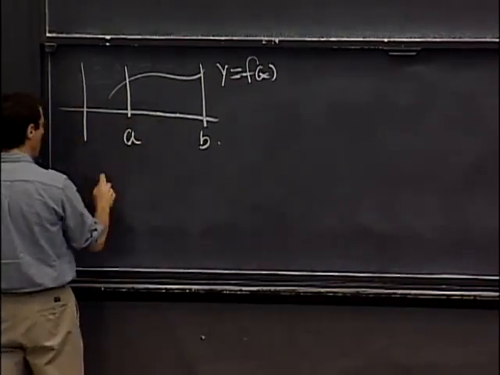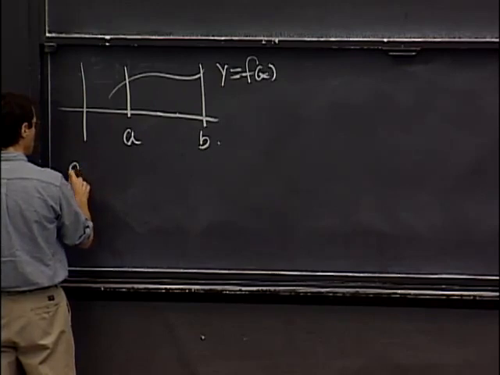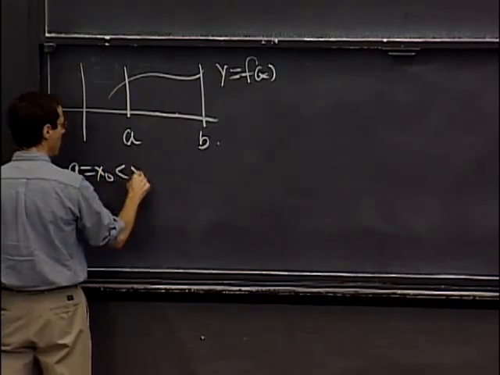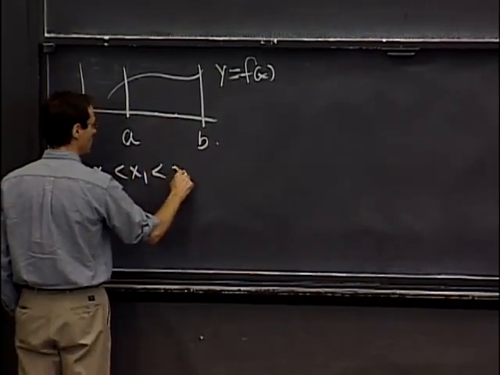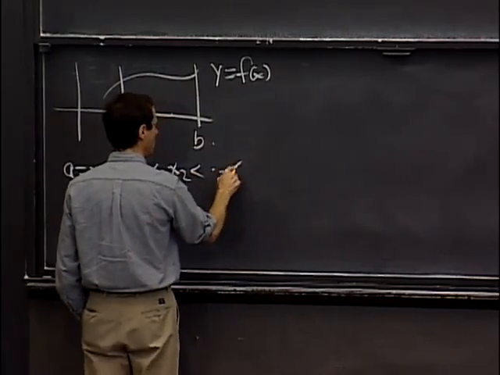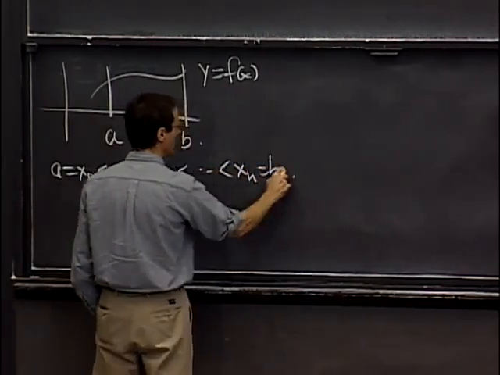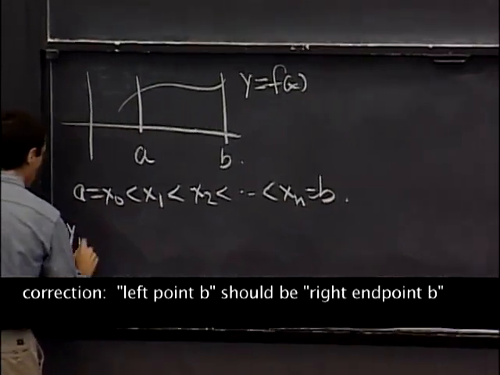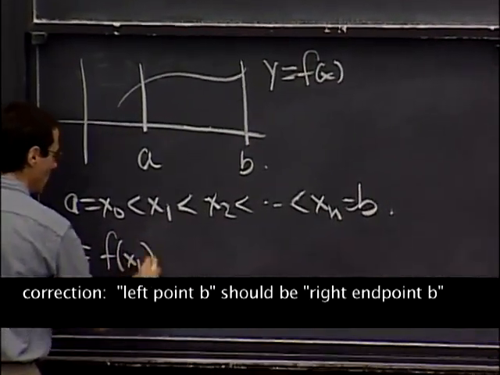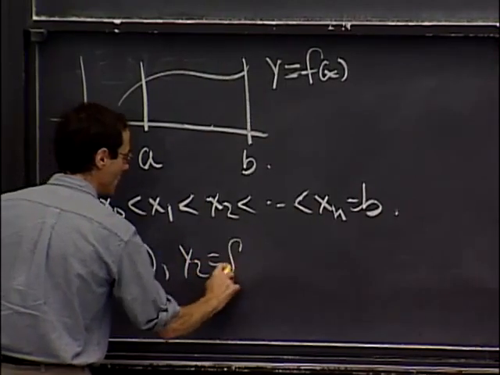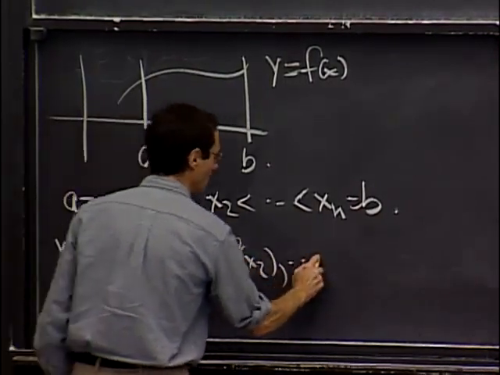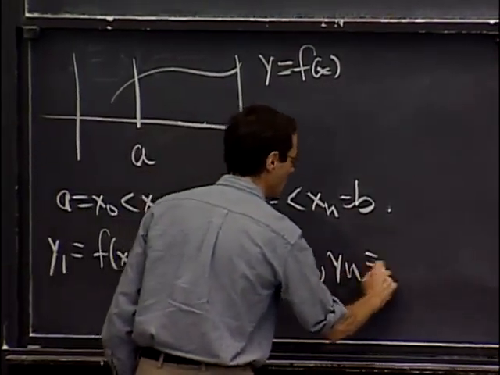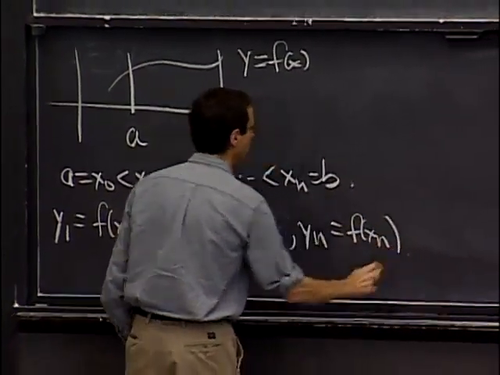Namely, if you take equally spaced points here, starting with x0, x1, x2, all the way up to xn, which is the right point b. And then we have values y1, which is f of x1, y2, which is f of x2, all the way up to yn, which is f of xn.